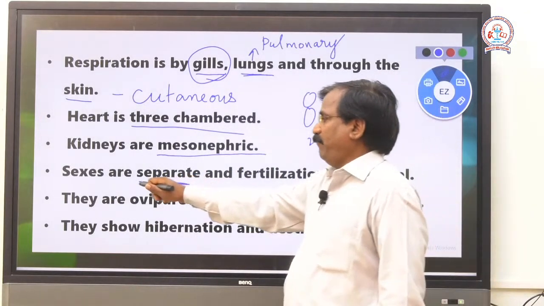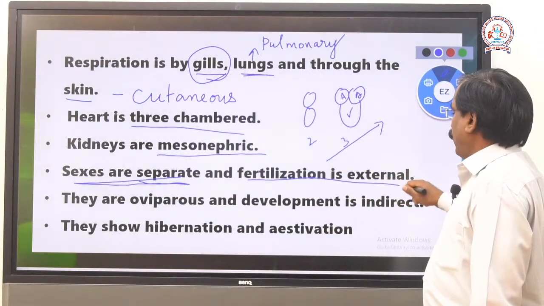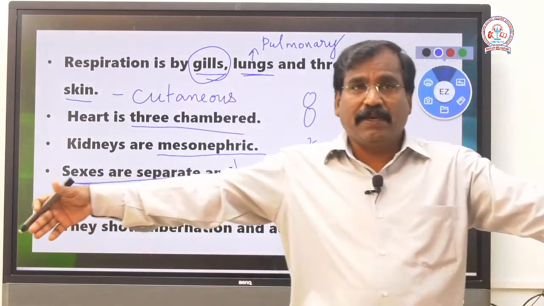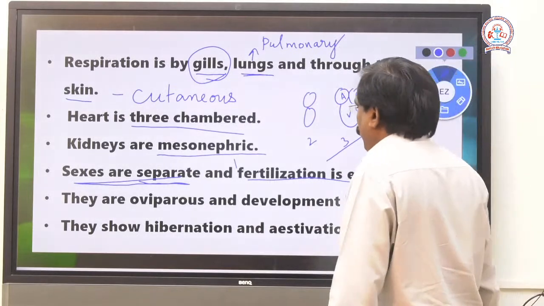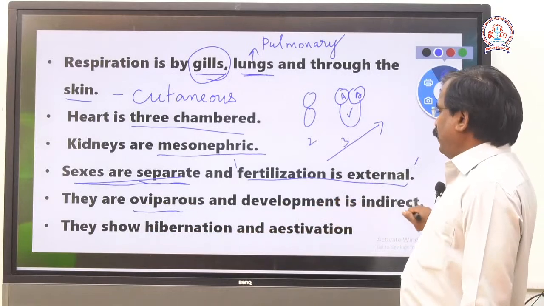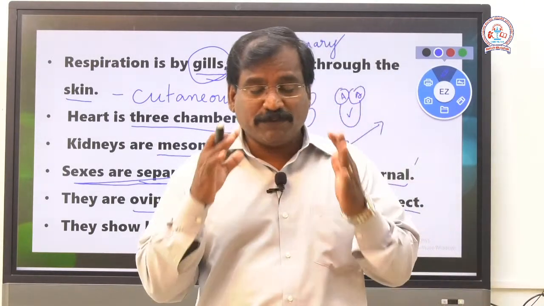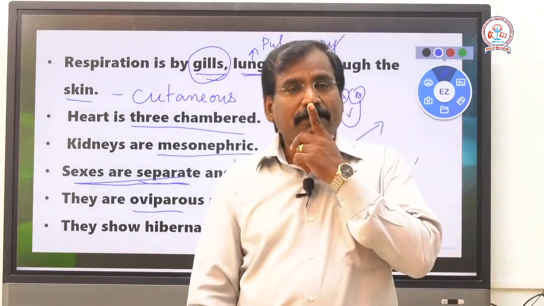Sexes are separate, males and females found separately. Fertilization is external, outside the body in the surrounding medium. Oviparous, egg laying, and development is indirect, that means it possesses a larva.